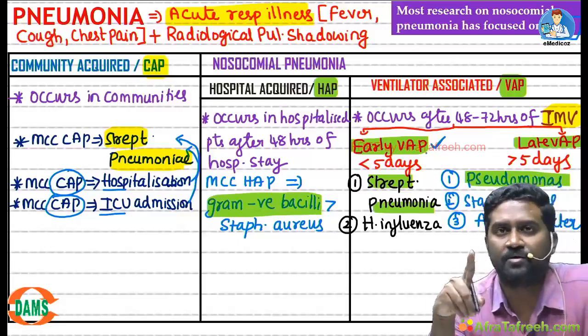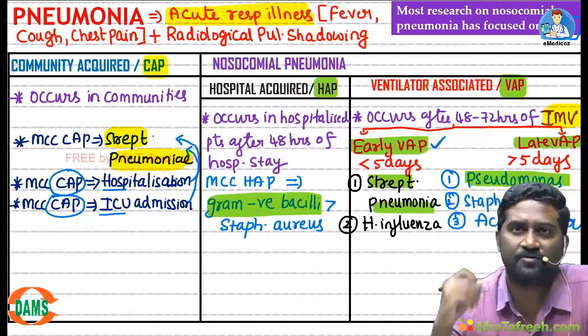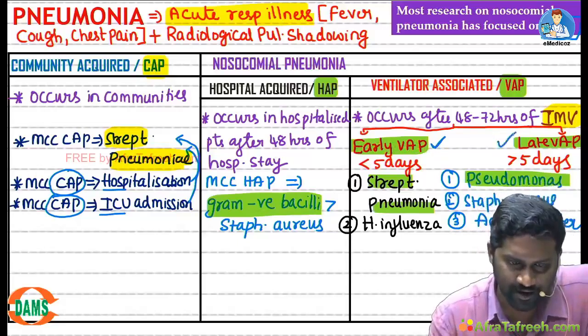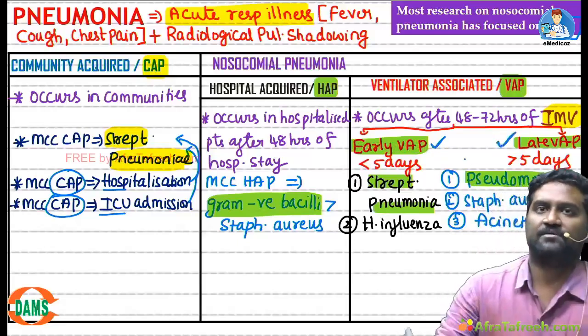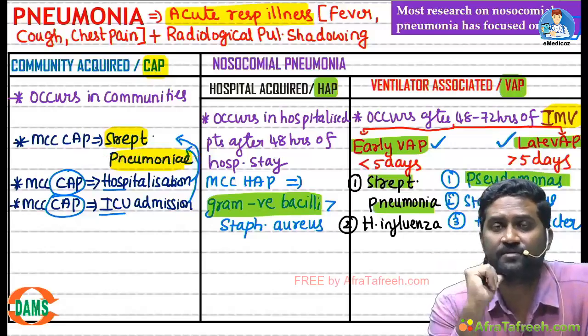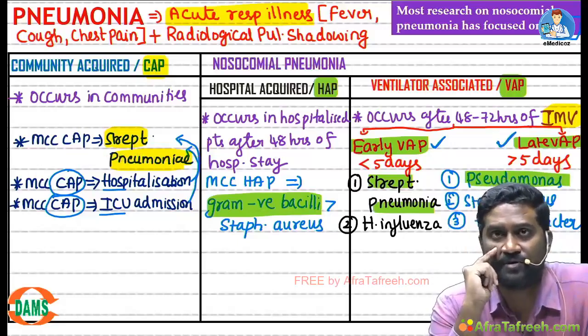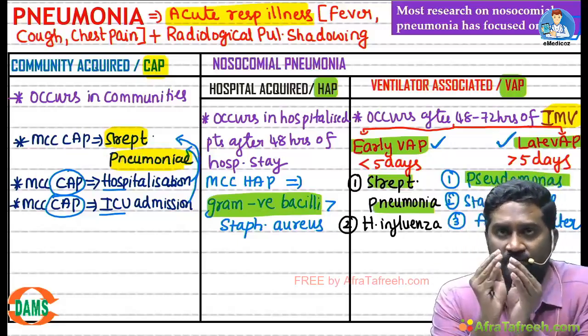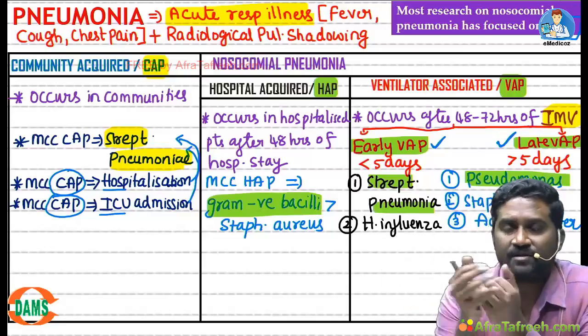For late nosocomial pneumonia, it will be late VAP. So if they ask the causes of early nosocomial pneumonia, your answer should be Streptococcus. For late nosocomial pneumonia, your answer should be Pseudomonas, because the data on nosocomial pneumonia is mostly on ventilator associated pneumonia.